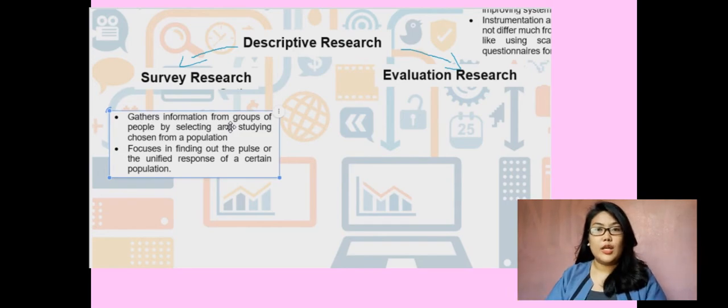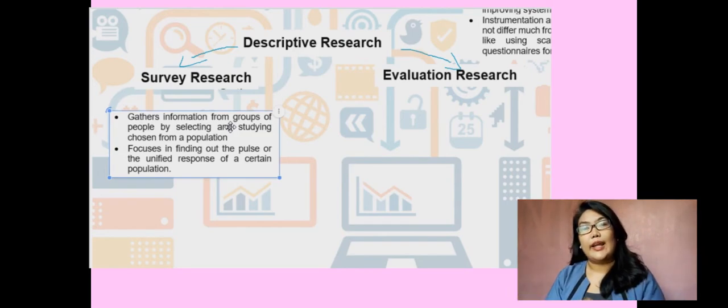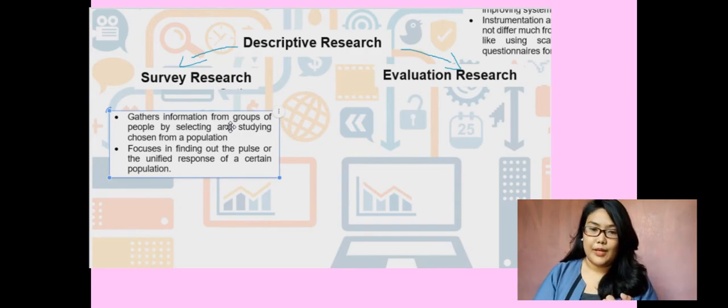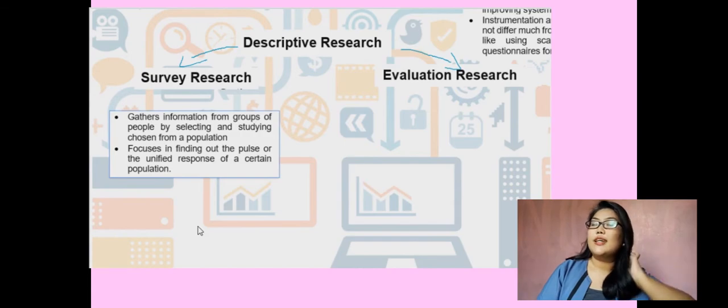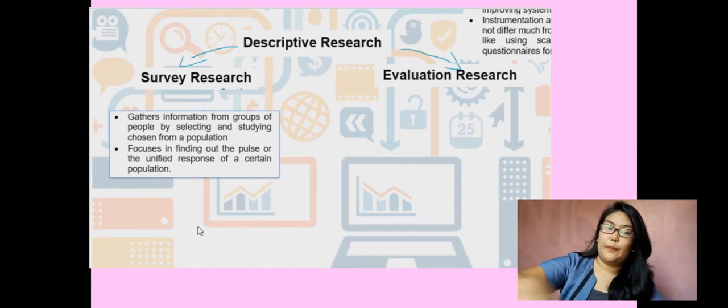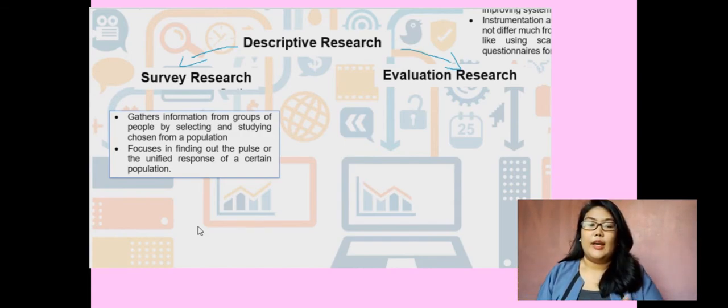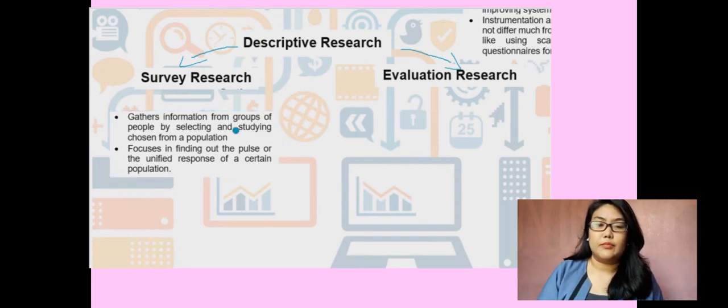Kung ano yung majority, kung ano yung iniisip ng nakararami, kung ano yung views, yung opinions ng nakararami. Okay, that's survey. So it's more on that. Gathers information about groups of people chosen from a sample or a population. There you go. You got unified response.